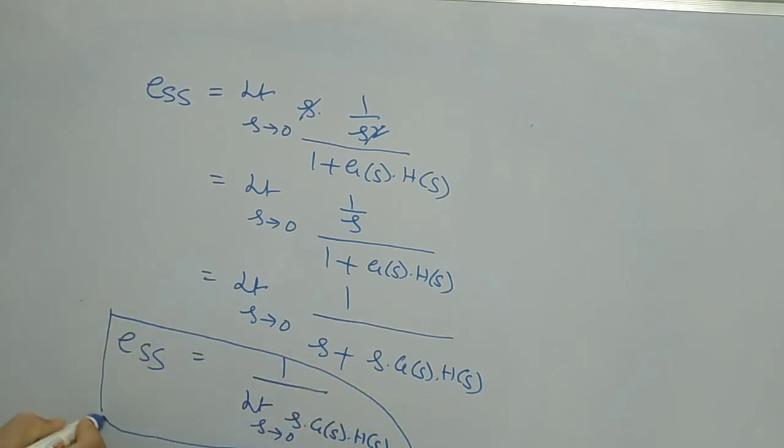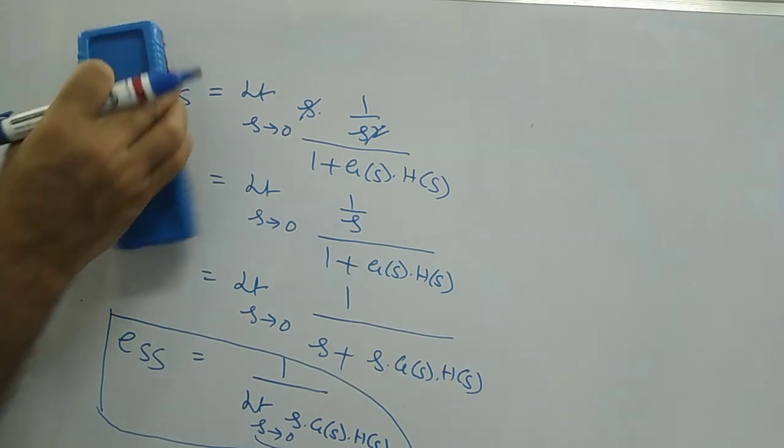So here the limit s tends to 0 of s into G of s into H of s term is there, no? This is called K suffix v, the velocity error constant. Velocity error constant. Clear?